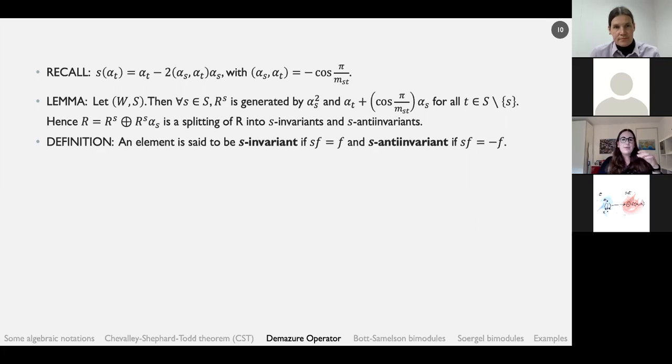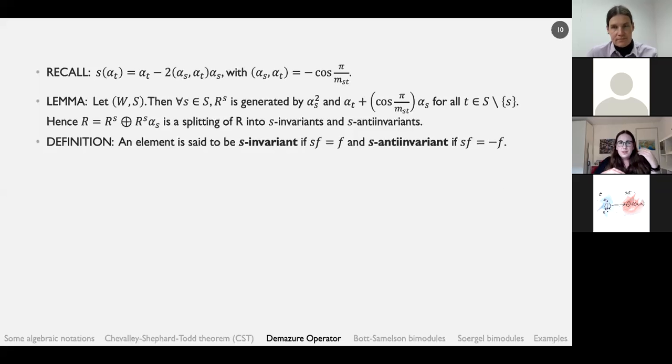Hence, R can be written as the direct sum of R^s and R^s alpha_s, and is therefore a splitting of R into s-invariants and s-anti-invariants. An element is said to be s-invariant if s times f is equal to f, and s-anti-invariant if s times f is equal to minus f.